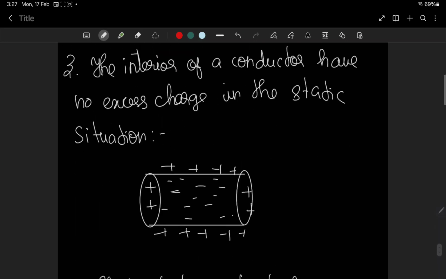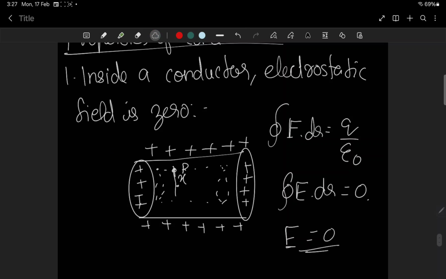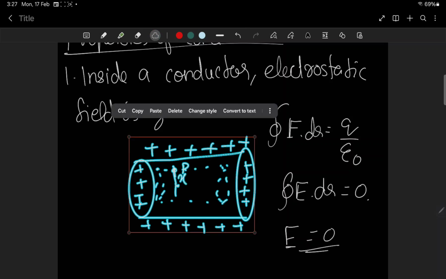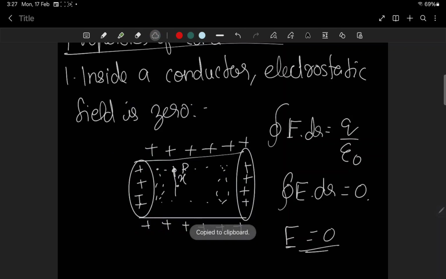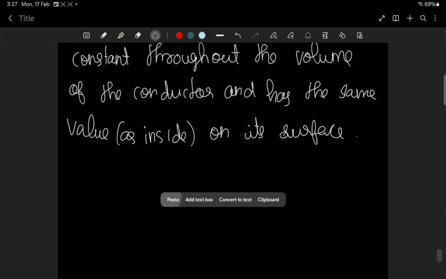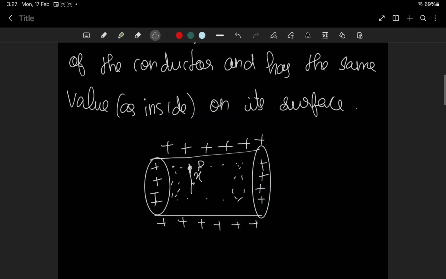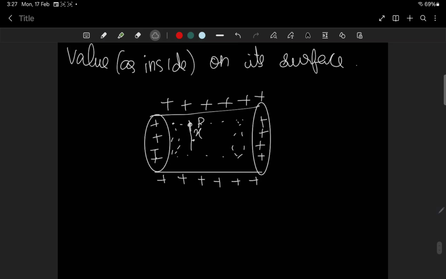I'll just take the first photo and bring it here. Yes, first photo. Look, what's the speciality?